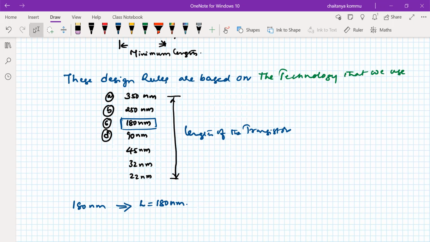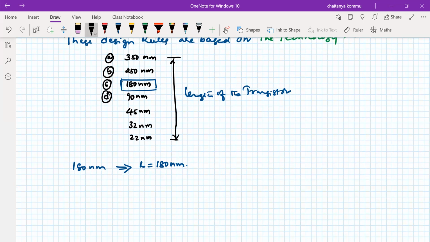So like this, whatever technology you use, each and every technology has its own design rules. Therefore, it's very difficult to remember all these design rules for each and every technology. So a generic technique that we normally use is called lambda based design rules.